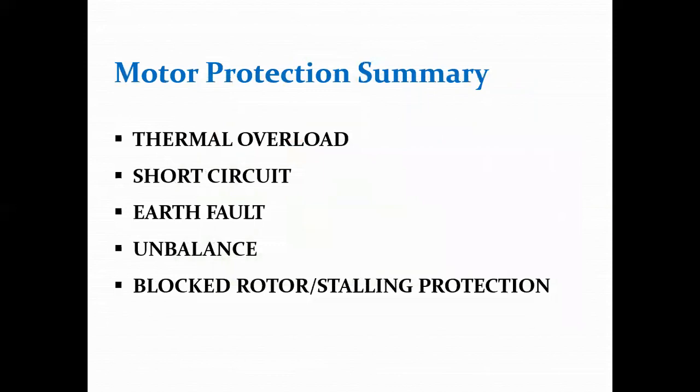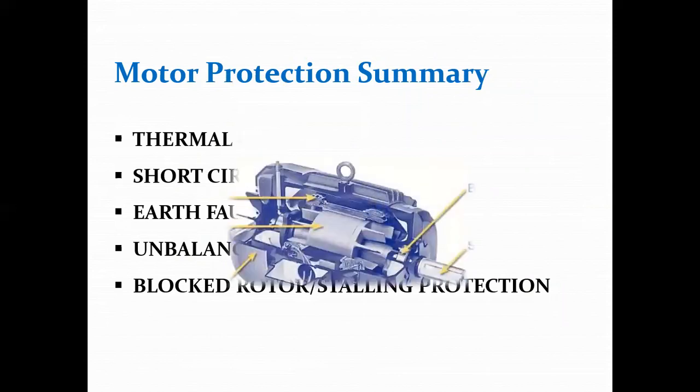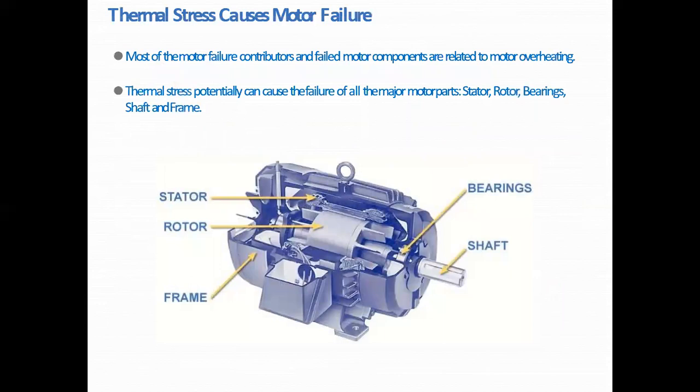Then motor protection summary, which includes thermal overload protection, short circuit protection, earth fault protection, unbalance protection, and blocked rotor or stalling protection. Thermal stress causes motor failure. Most motor failure contributors and failed motor components are related to motor overheating.